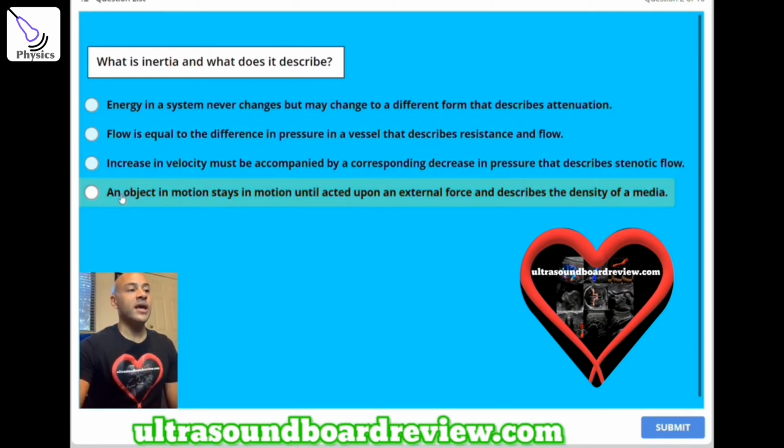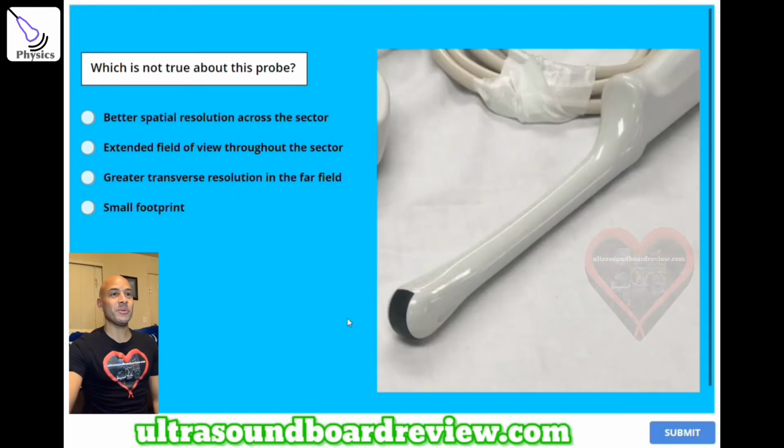Or is it D, an object in motion stays in motion until acted upon by an external force and describes the density of a media? The answer is D. An object in motion stays in motion until acted upon by an external force and describes the density of a media.